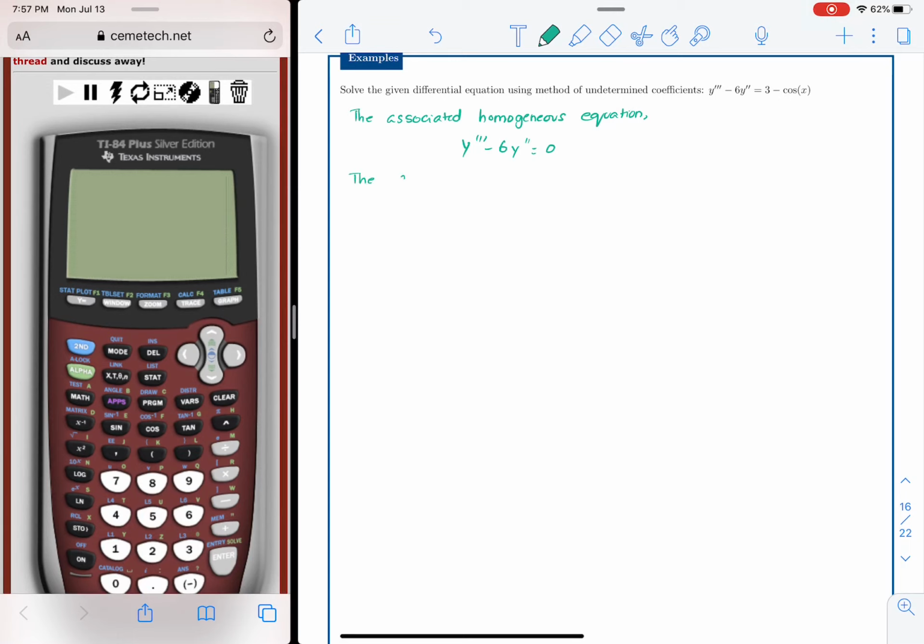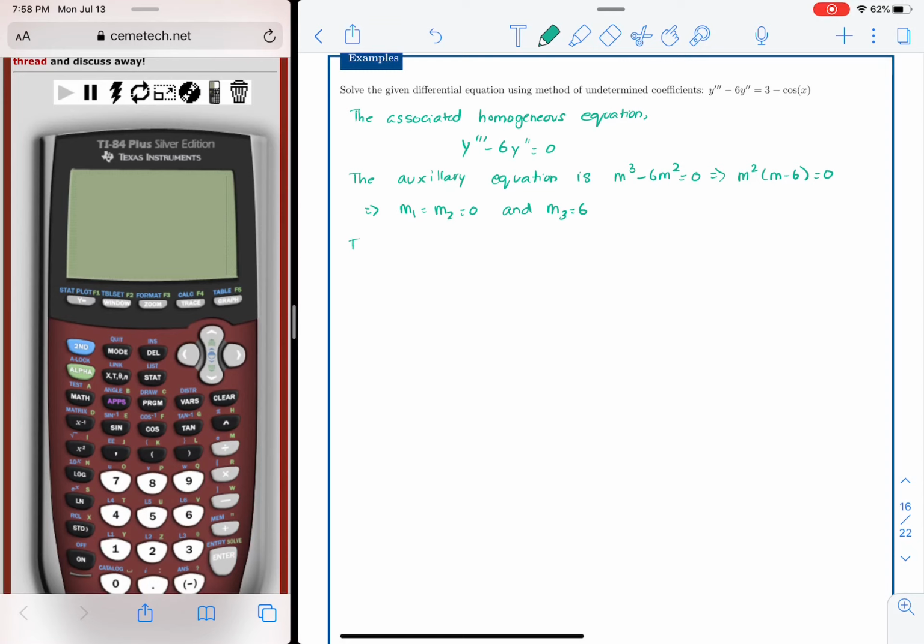The auxiliary equation is m cubed minus 6m squared equals 0. If I pull m squared out, I have m minus 6, which would imply the roots are m1 equals m2 equals 0 and m3 equals 6.